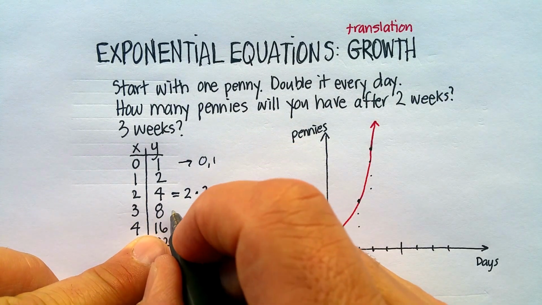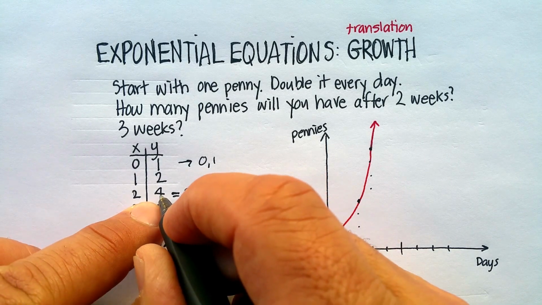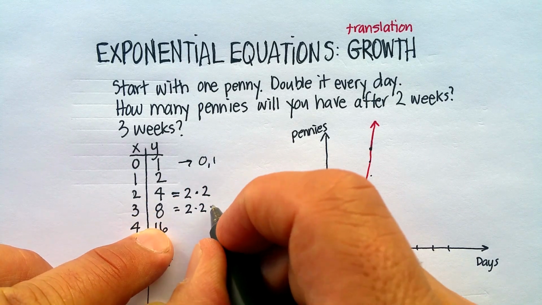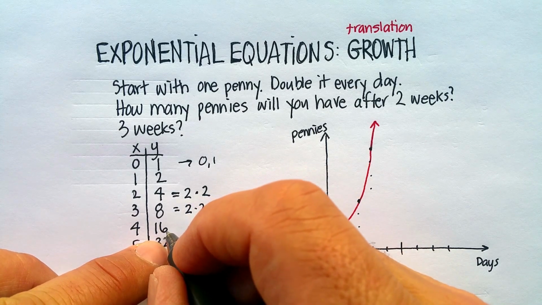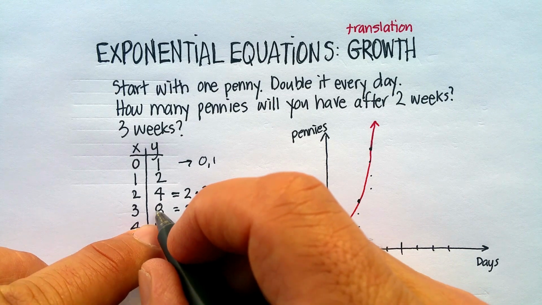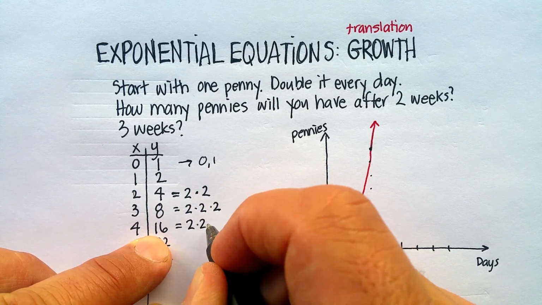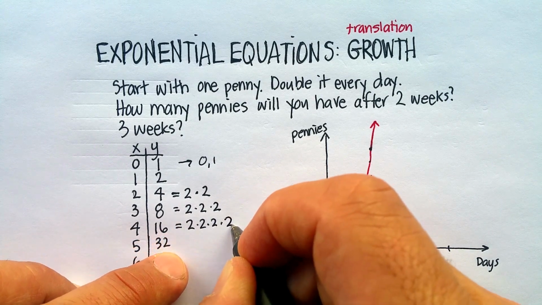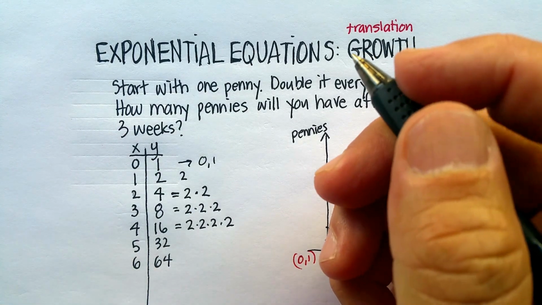I can also write 8, since it's a doubling, as 2 times 2 times 2, the previous day times 2. I can rewrite 16, right, as 2 times the 8, which I know is 2 times 2 times 2, again times 2 again.